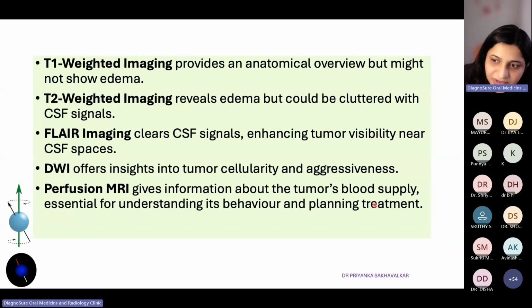It measures the diffusion of water molecules, and it's sensitive to changes in water content or water movement, I would say. Last is perfusion. It gives information about the tumor's blood supply, essential for understanding its behavior, whether it is very aggressive, whether it is recurring, and then we can plan treatment accordingly. So each sequence has its unique properties, and when all these are combined, we get the best information for the tissue or the pathology.